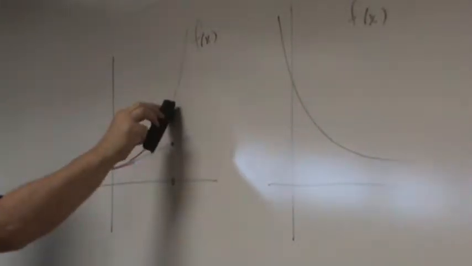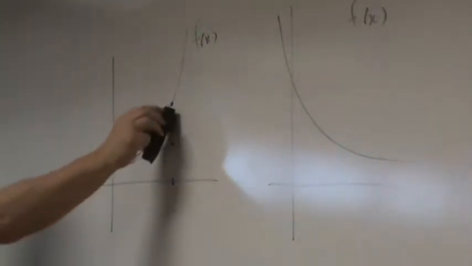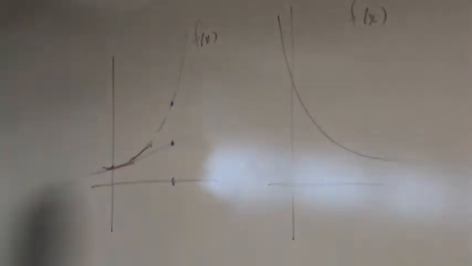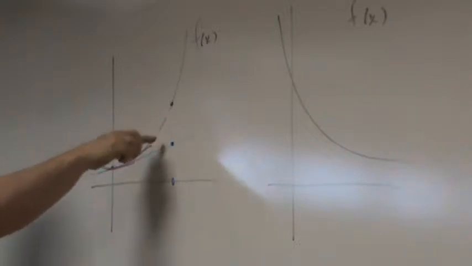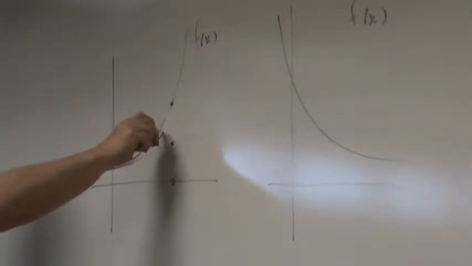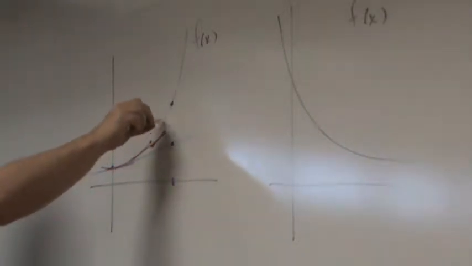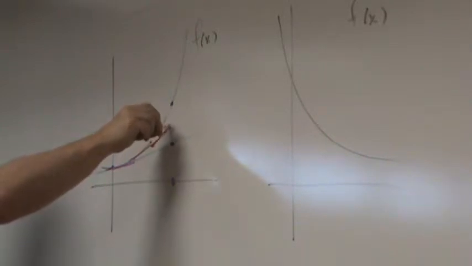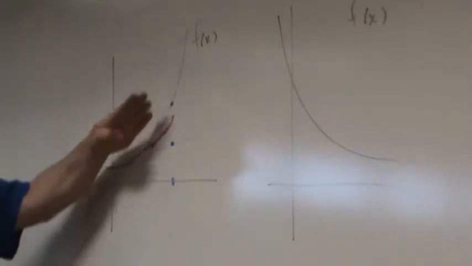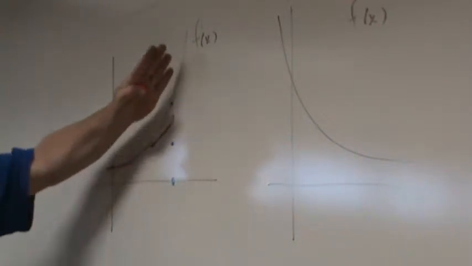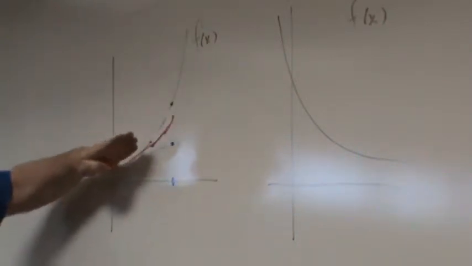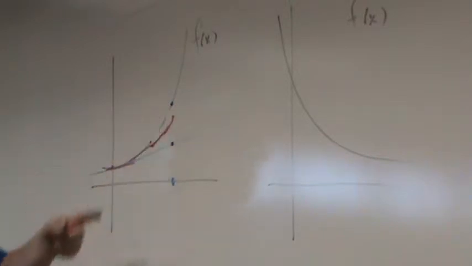Because I'm stuck on this line, I'm getting that slope, but I'm having to go up like this. And then I get the slope right there, which means I'm going a little bit higher. But I never actually catch up to the graph, whose slope is changing continuously. My Euler's method lines just can't keep up.